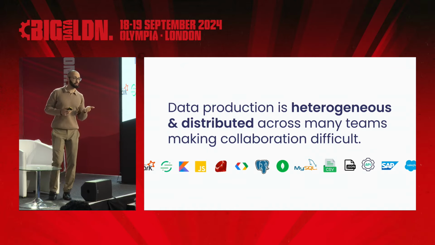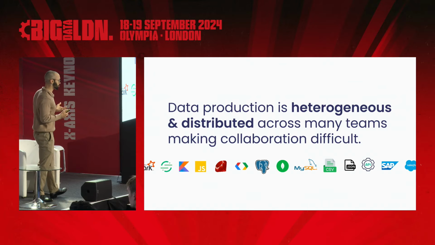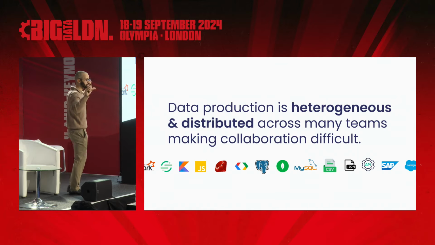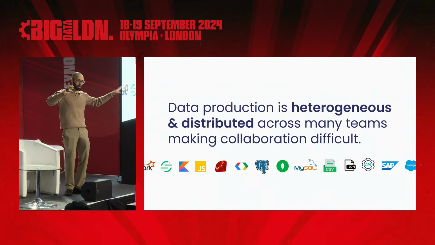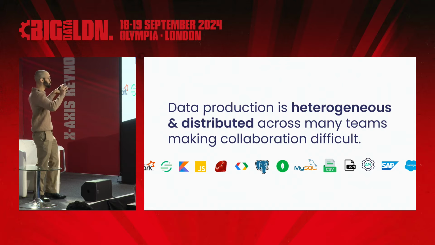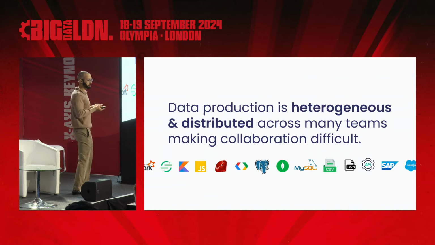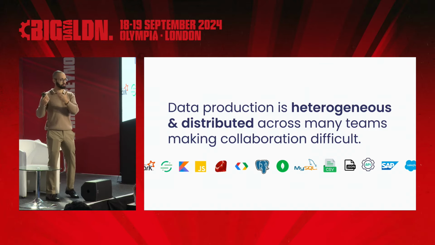The main answer is that data production is extraordinarily heterogeneous. You've got many surface areas, many different types of technologies, and many different people who own those technologies. We're talking about software engineers who write code that, like I mentioned before, is pushed to a database.